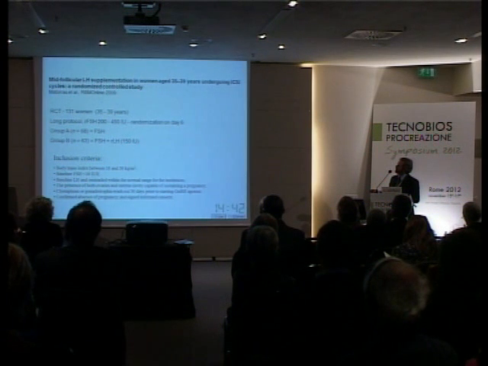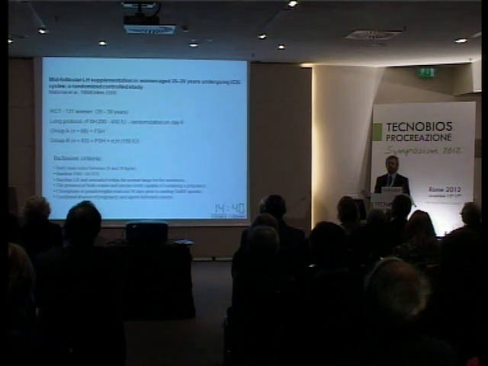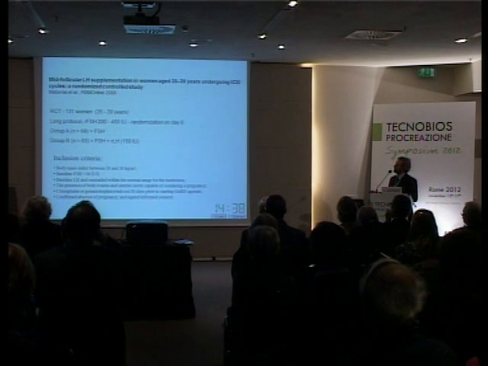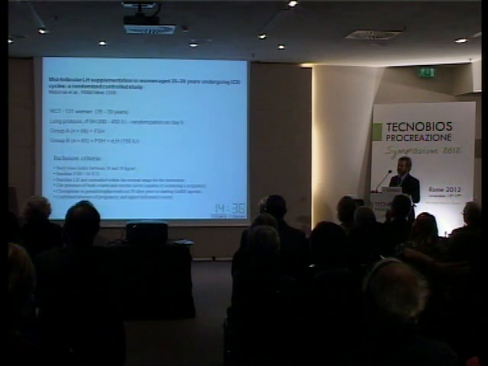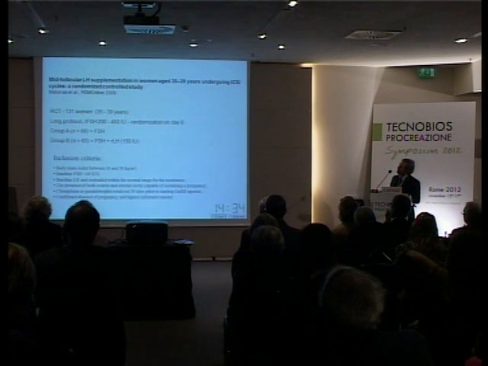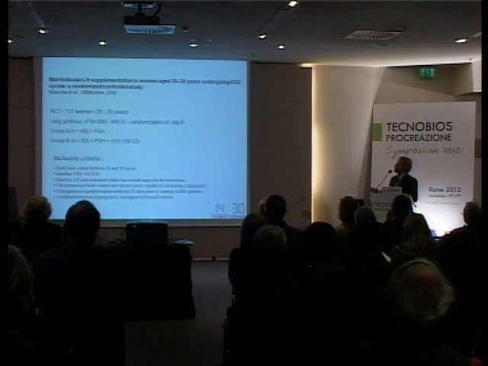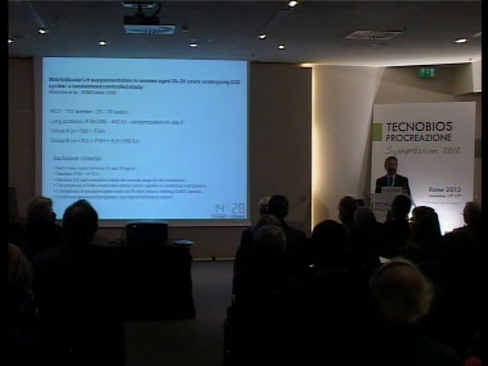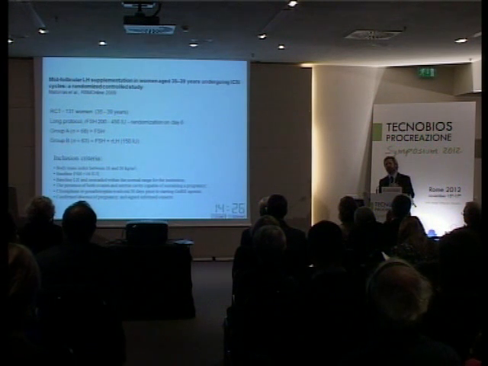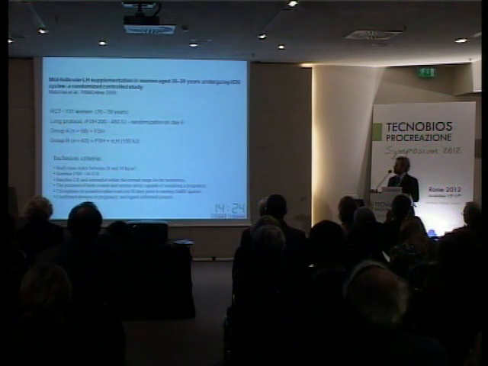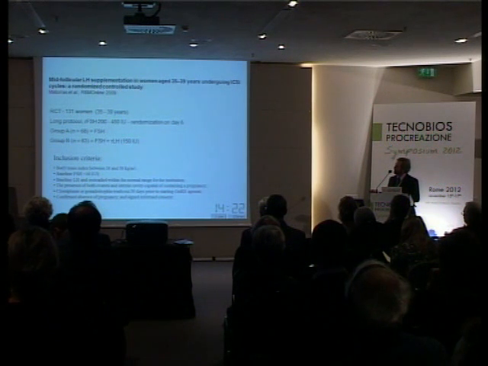This kind of observation has been confirmed in another study. This is the first prospective randomized trial in which patients between 35 and 39 years were treated with recombinant FSH alone or randomly allocated in a group receiving recombinant LH plus FSH.